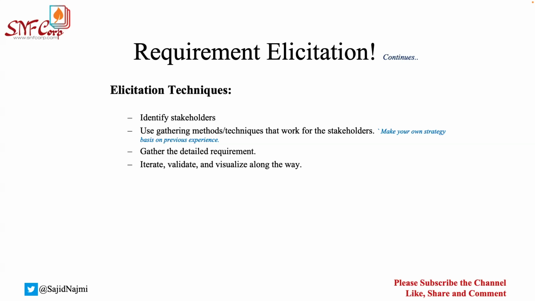And then once you have the stakeholders identified, you should go ahead and find out what technique you are going to use to capture the requirement from one or all of the stakeholders. The key point to remember here is that not one technique will work for all the stakeholders. You have to find out what technique you are going to use with this person, that person, or the whole group of stakeholders.